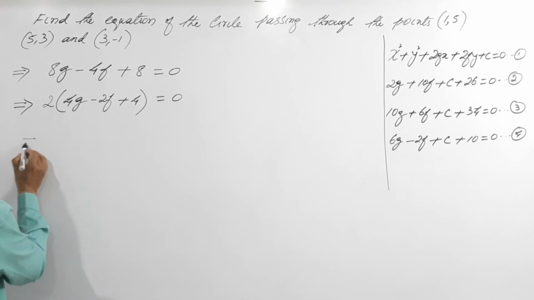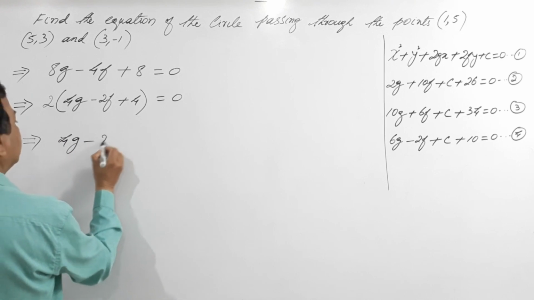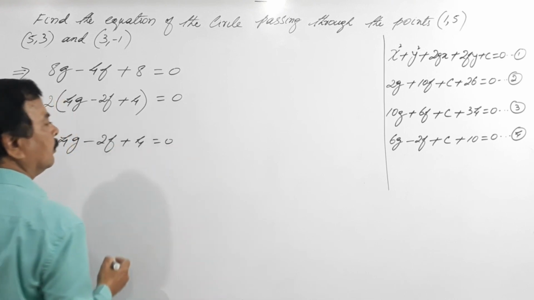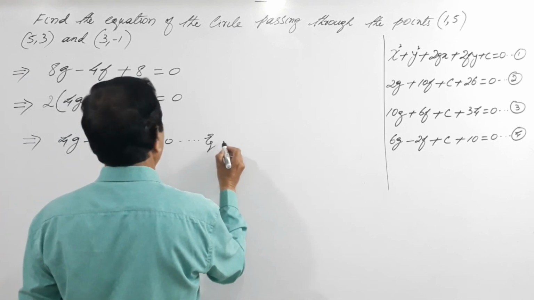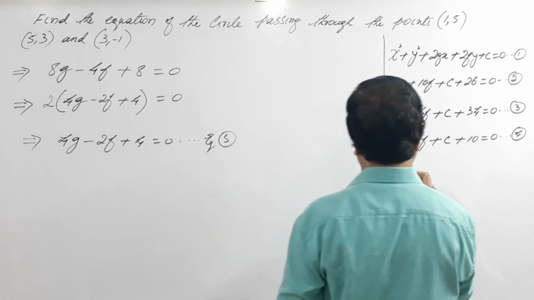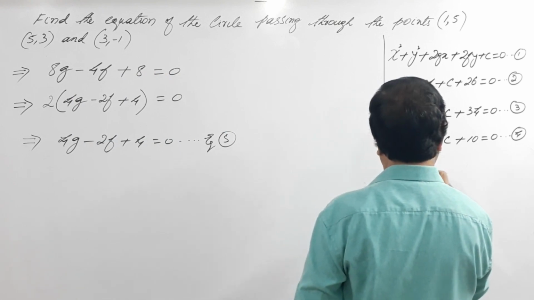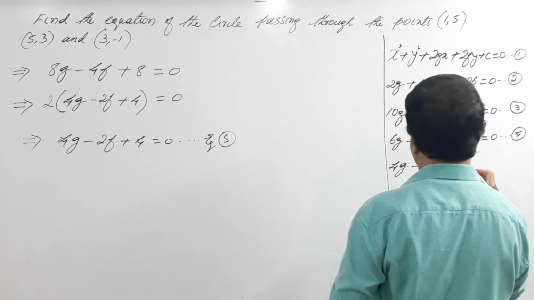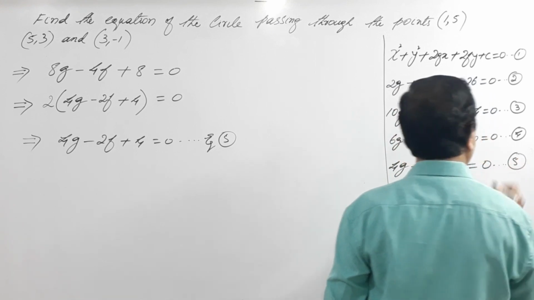So the next equation becomes 4g minus 2f plus 4 equals to 0. I call this equation 5. So what is equation 5? 4g minus 2f plus 4 equals to 0. This is our equation 5.